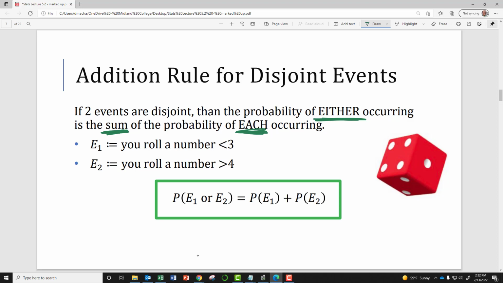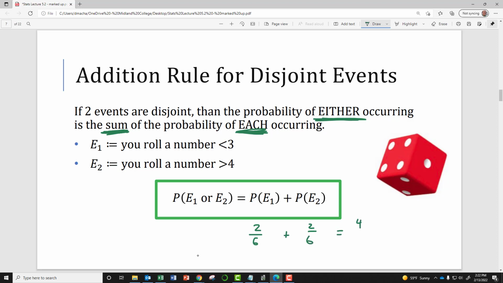So again, using our same definitions for E1 and E2, if I ask you what's the probability of E1 or E2 occurring, this is going to be the probability that E1 occurs plus the probability that E2 occurs. E1 had a theoretical probability 2 out of 6 because there were 2 possible outcomes there. And the same thing for E2.